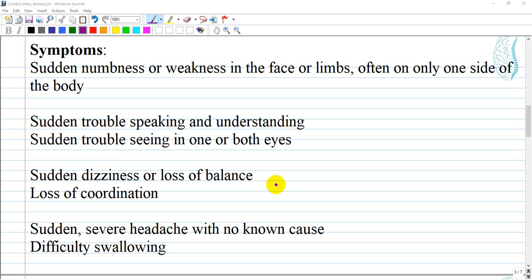Sudden trouble speaking and understanding, sudden trouble seeing in one or both eyes, sudden dizziness or loss of balance, loss of coordination, severe headache with no known cause, and difficulty swallowing, depending on the areas which are affected.